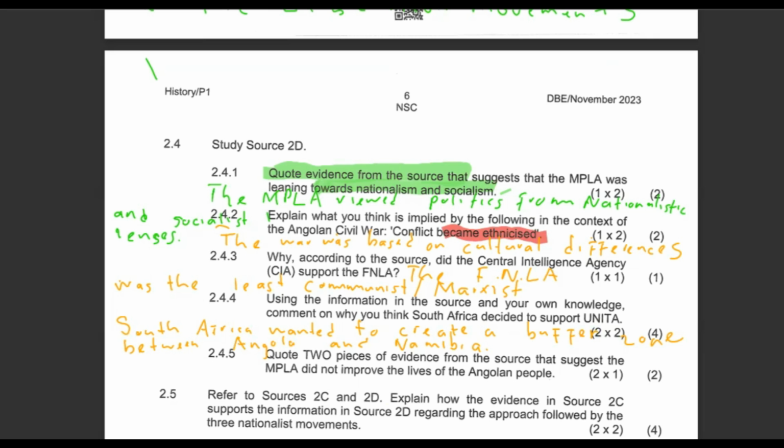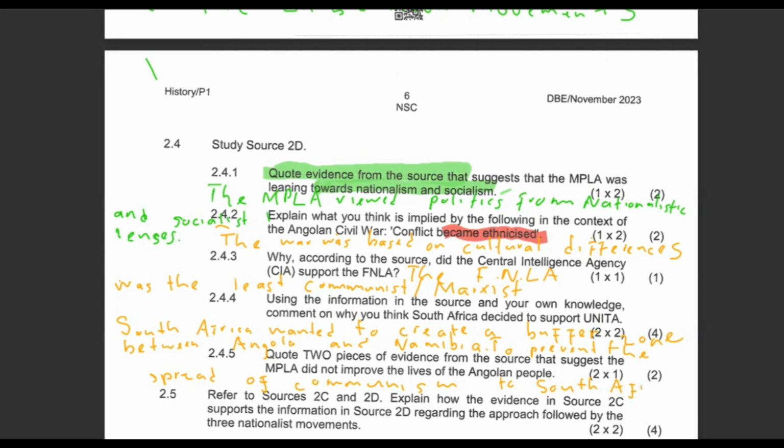So they wanted to create a buffer state, a buffer zone which does not support communism. In other words, they wanted to prevent the spread of communism to apartheid South Africa.